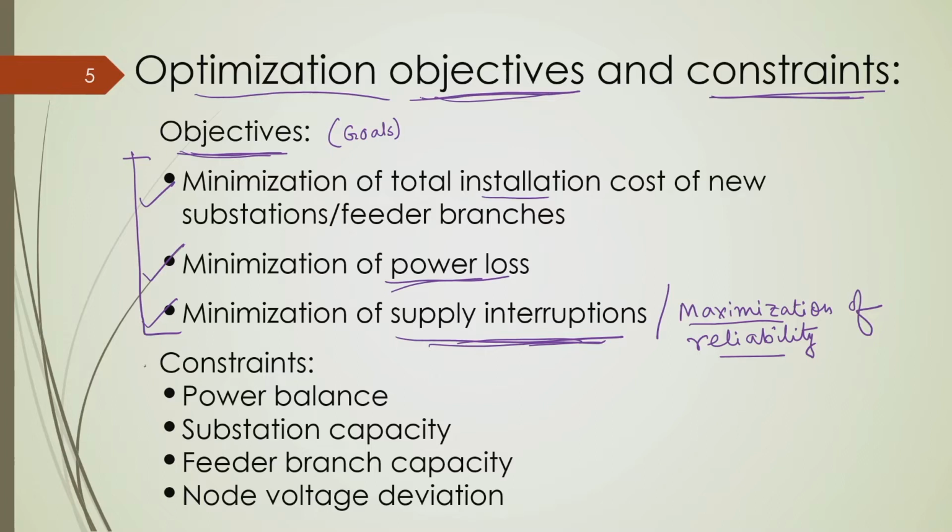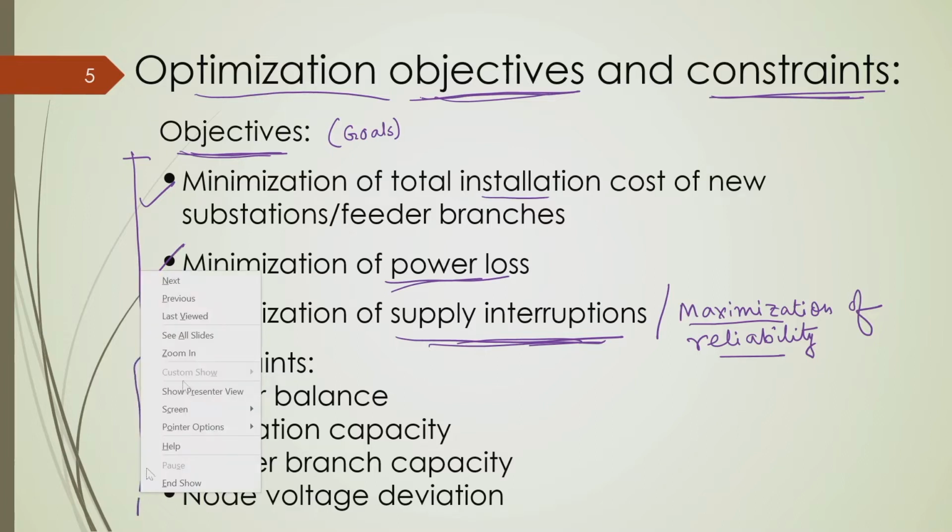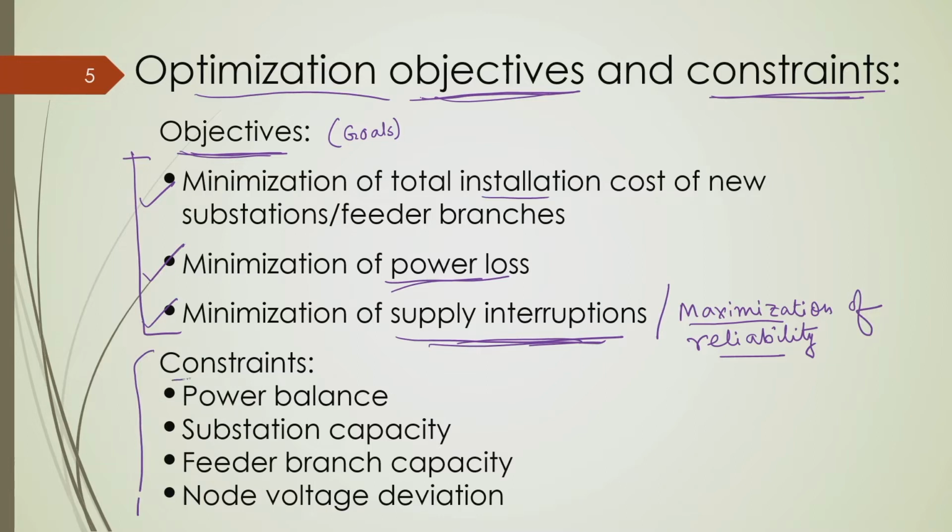These objectives are optimized under certain constraints, and these are the constraints. One is called the power balance constraint, which I will discuss today. Another is the substation capacity constraint, which constrains the optimization process.